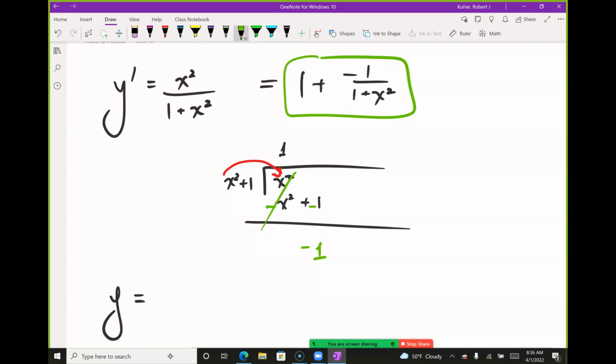Anybody see the antiderivative here yet? What did I take a derivative of to get 1? Good, x. Do you recognize the other piece? Do you recognize this derivative? You should. We did have a big problem that took that as the answer. Yep, arctan of x. So x minus arctan of x, all plus c.